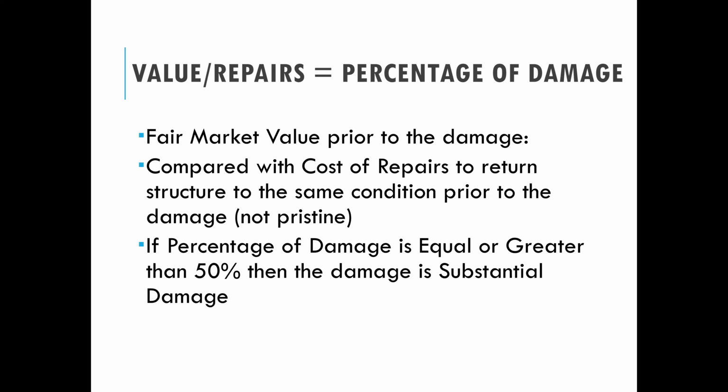So the cost of repairs versus the market value to return the structure to the same condition prior to damage, not the pristine condition, because we do take into account depreciation, which I think I mentioned. Basically, when was it built and how much has it depreciated over time? That's built into the tool. But if that percentage of damage is equal to or greater than 50%, then it's considered substantially damaged.